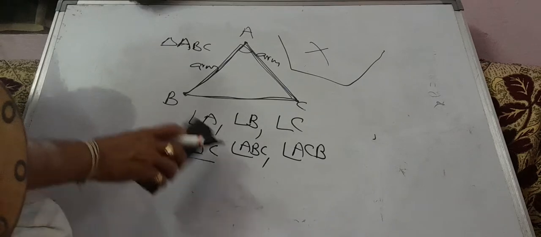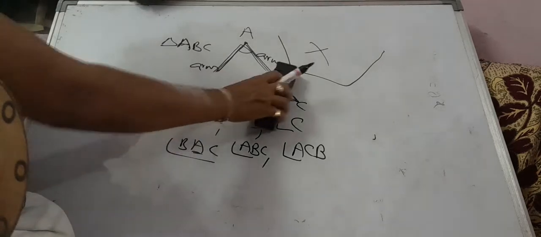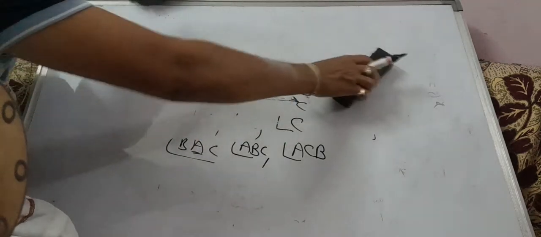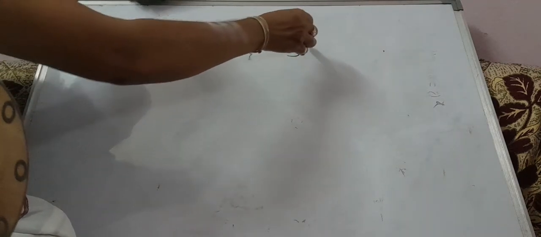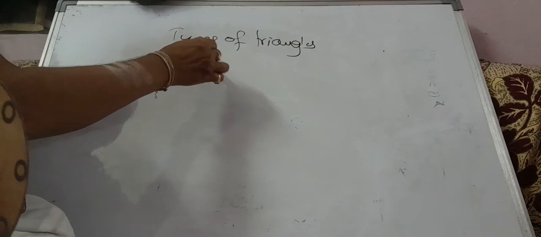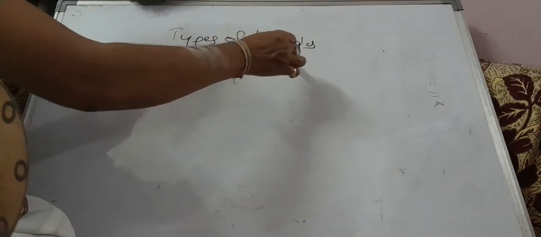Okay. After this, this is 7th class syllabus. Those who have completed 6th class should watch this, then you will understand. Types of triangles. Types of triangles, according to sides and according to angles.